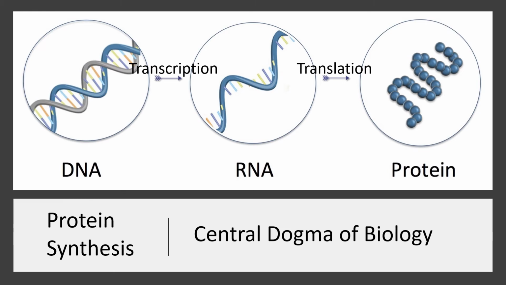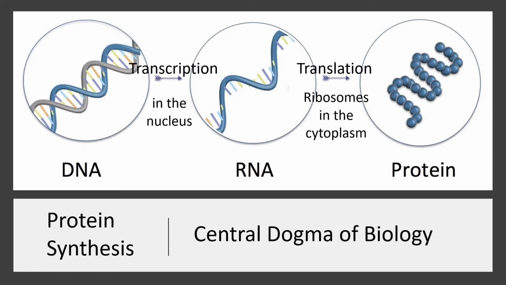Okay? Now, the other thing about this is, where do these processes occur in a cell? Well, transcription involves DNA, and DNA is always located in the nucleus, so transcription occurs in the nucleus. Translation is when that information in the RNA is taken to a ribosome.